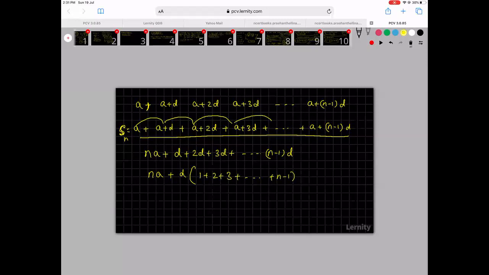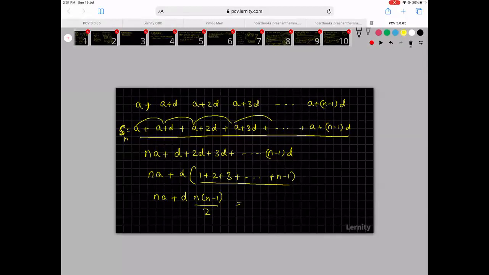So this is equal to na plus d into n minus 1 into n minus 1 plus 1 by 2, so it will become n into n minus 1 by 2.